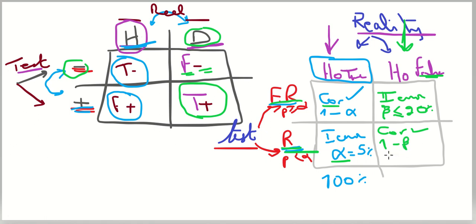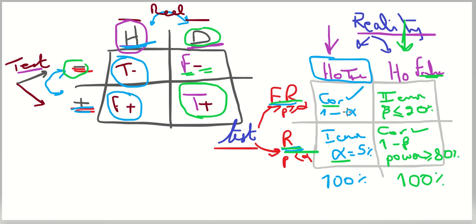But it has a very specific name, and that name is power. And power here is statistical power. So if the maximum of type 2 error is 20%, it means that power has to be greater than or equal to 80%. And these two together should add up to 100%.